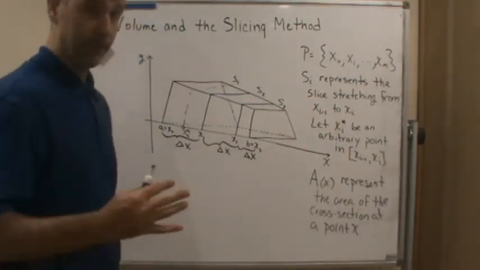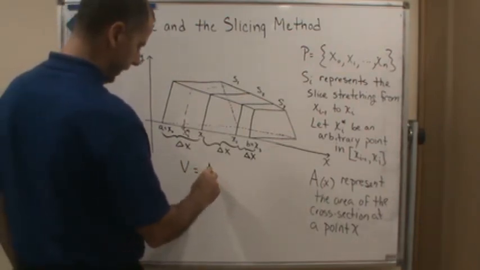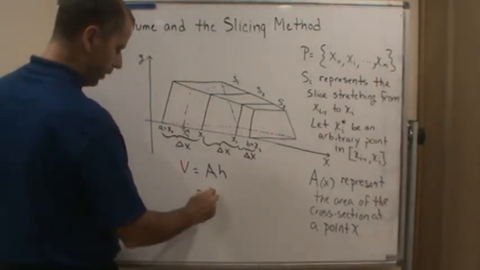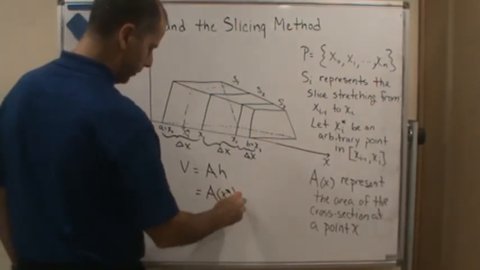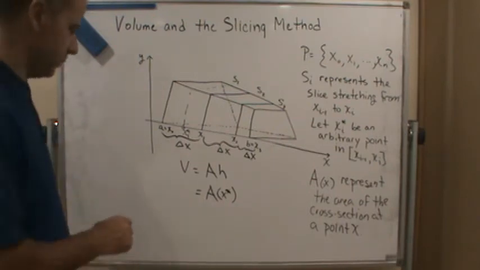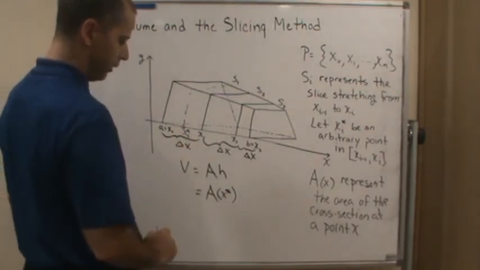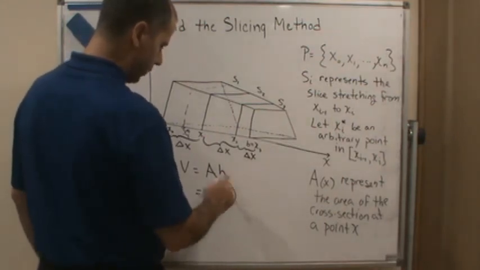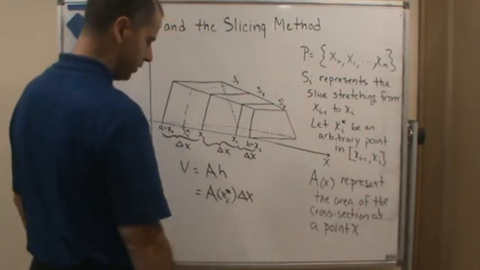How do we find the volume then? We're going to find the volume by using our formula of A times H. In this case we use A of x star, where A represents a formula for finding area, whatever that formula turns out to be. So A is the area function evaluated at x sub i star, times H, which in this case is our delta x. That's the other dimension.